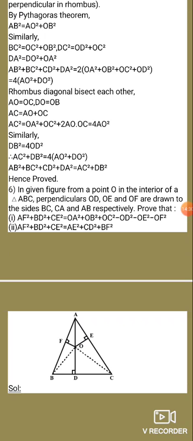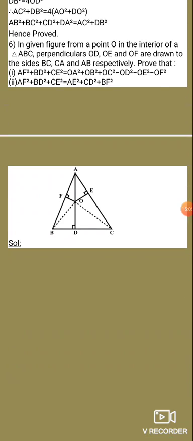Prove that AF square plus BD square plus CE square is equal to OA square plus OB square plus OC square minus OD square minus OE square minus OF square. Second, AF square plus BD square plus CE square is equal to AE square plus CD square plus BF square. So listen carefully to this question.